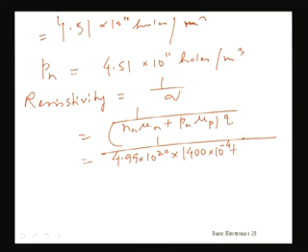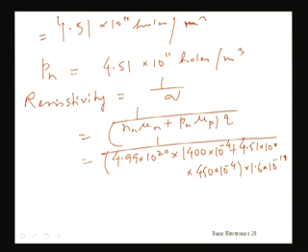the hole concentration I have found out, 4.51 into 10 to the power 11 holes per meter cube, into the mobility of holes, which is 450. Again I will be multiplying by 10 to the power minus 4 to bring it into meter square unit. The whole thing I will have to multiply by Q, which is 1.6 into 10 to the power minus 19.